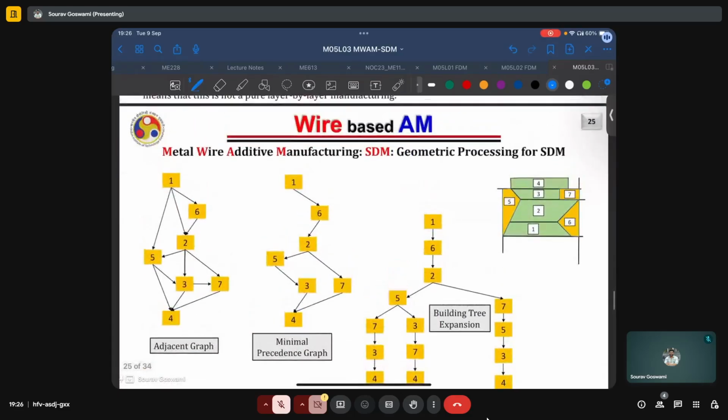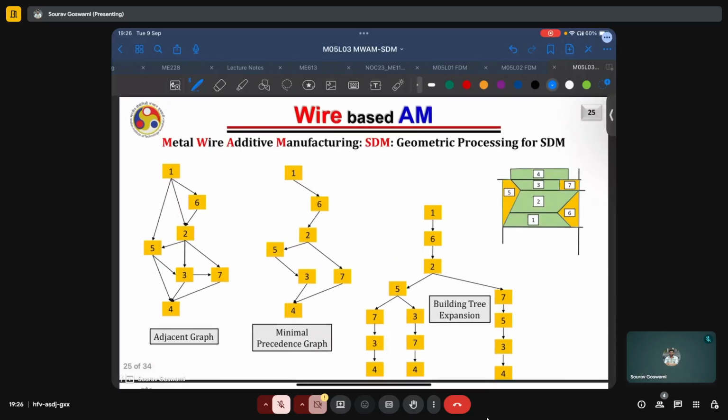And here, for a simple example, we see the adjacency graph, the minimal precedence graph, and the building tree expansion. So for the geometry given here on the right, imagine that we have to deposit it and how we can go about it.